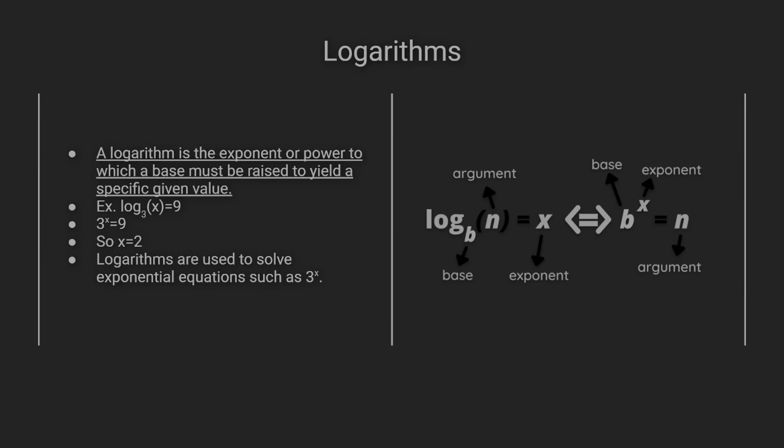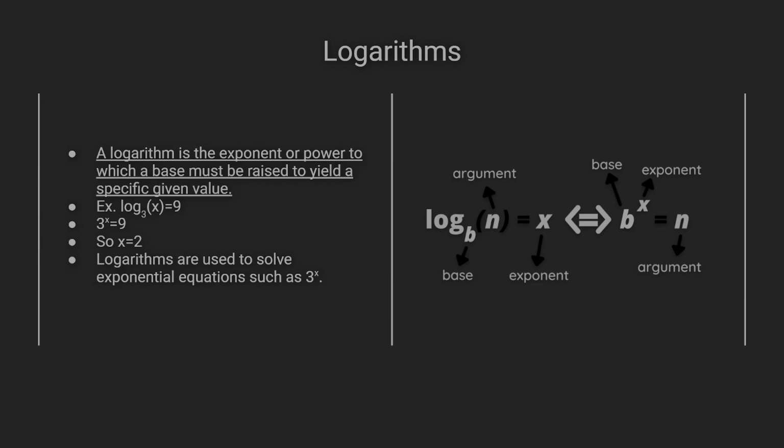And if we want to translate this to an exponential equation, we're going to have 3 to the power of x equals 9, which Timmy just covered, exponential equations and exponential functions. And this wouldn't necessarily be the parent function, but it would be a transformation of that function. And in this case, x would equal 2.